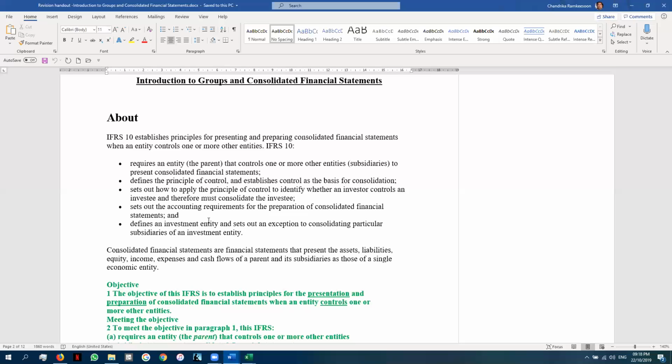So it requires an entity that controls one or more other entities, subsidiaries, to present consolidated statements. It defines the principle of control and establishes control as the basis for consolidation. It sets out how to apply the principle of control to identify whether an investor controls an investee and therefore must consolidate.